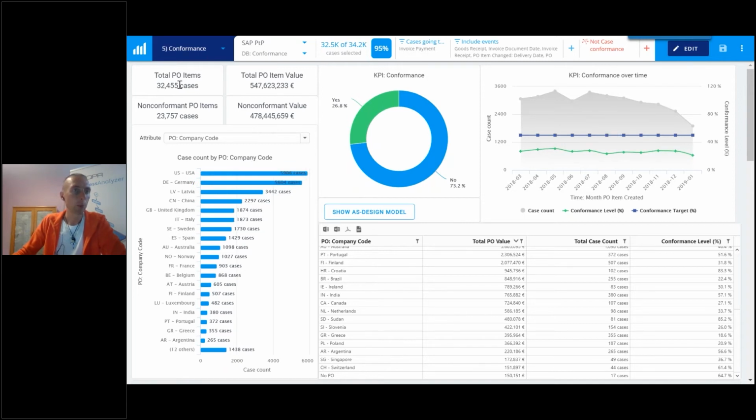And we see here that we have PO items 32,000, and the total value is 547 million. And then the non-conformant items, we have 23,000. So the value is 478 million non-conformant items.